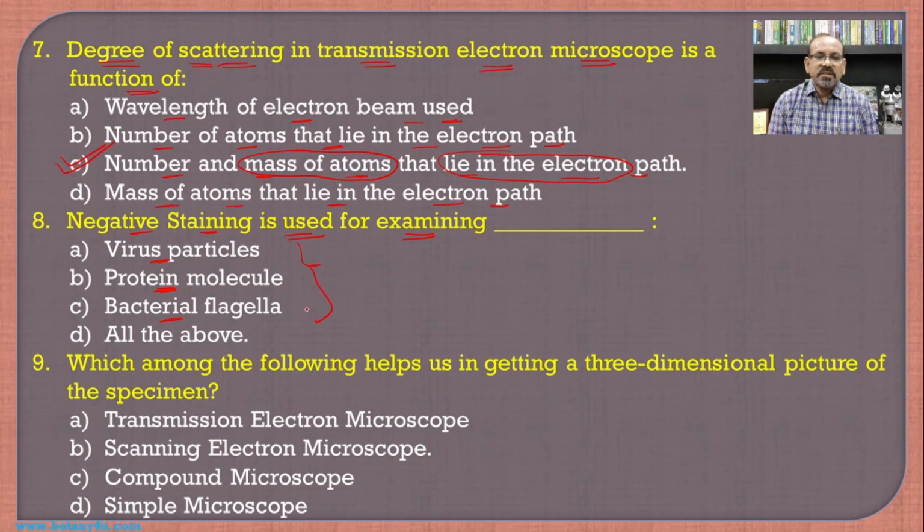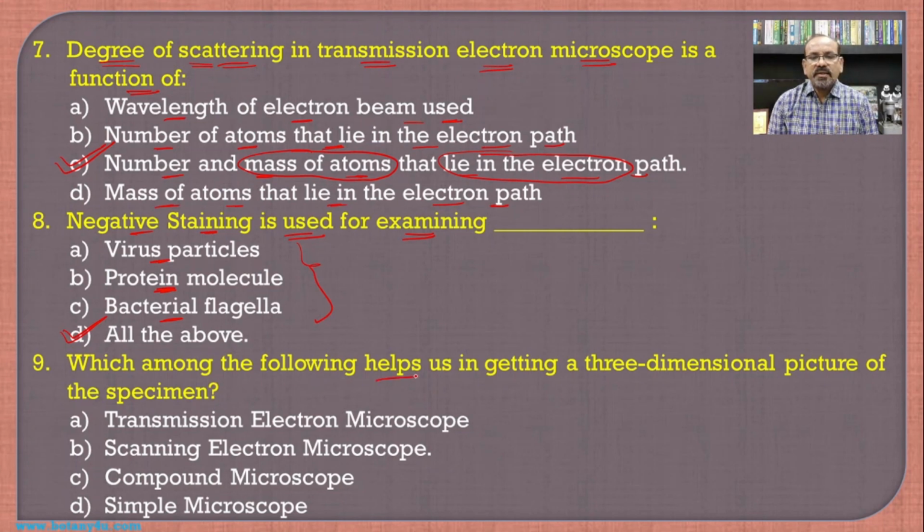Such particles which cannot be observed in the light microscope can be viewed in TEM and SEM, where there is a utilization of negative staining, and hence all the above becomes the answer for this question.